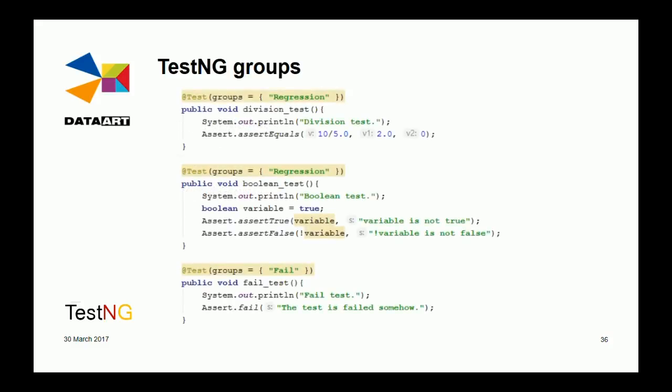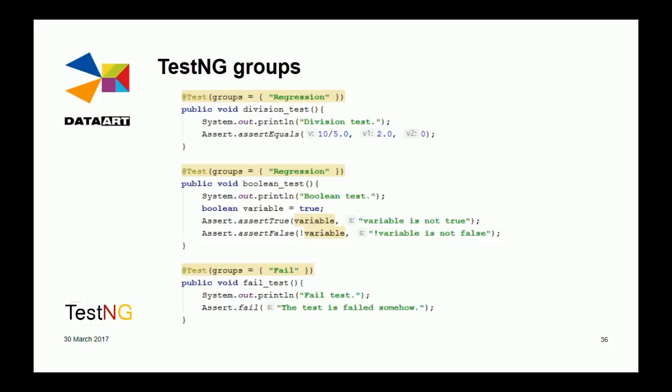If we return to TestNG, there are more possibilities. You can have groups of methods, groups of classes, groups of groups, and you can just tag them in the code or in the TestNG XML. So here is one example.